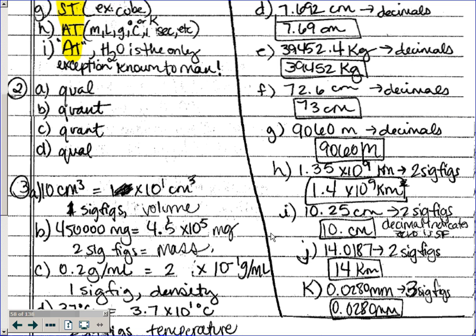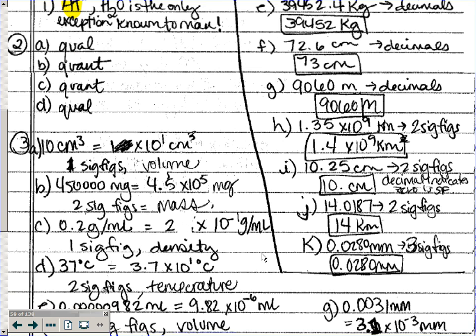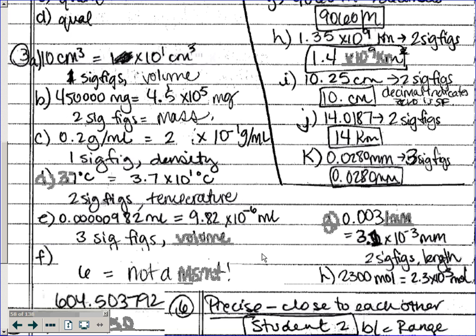H, 1.4 times 10 to the 9th kilometers squared. My handwriting says squared. I, 10 point, so the decimal holds in place, so there's 2 sig figs there. For I, centimeters. J, 14 kilometers.